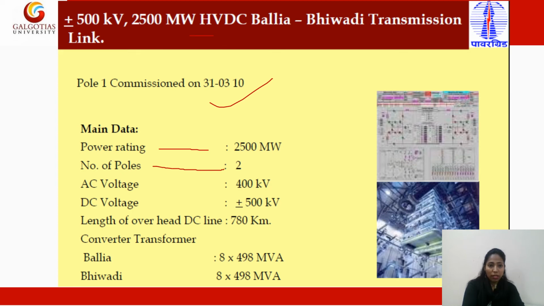AC voltage is 400 kV, DC voltage is plus minus 500 kV. So mostly we use the bipole type of configuration of HVDC. The length of the overhead DC line is 780 kilometer, and the converter transformer at Balia is rated 8 into 498 MVA, and the converter transformer at Bhiwadi station is also 8 into 498 MVA rating.